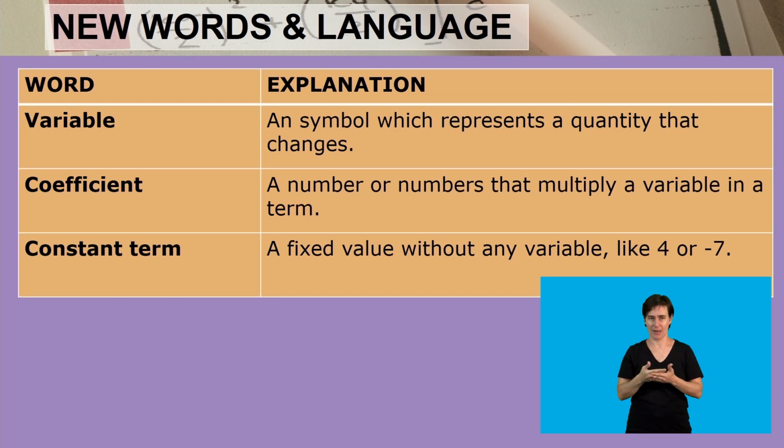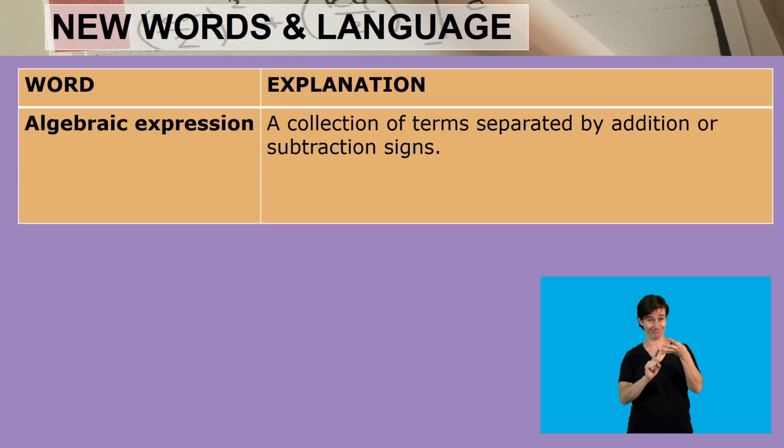The next one is a phrase, constant term, a fixed value without any variable like 4 or negative 7. And then the next one is also a phrase, algebraic expression, which means a collection of terms separated by addition or subtraction signs.